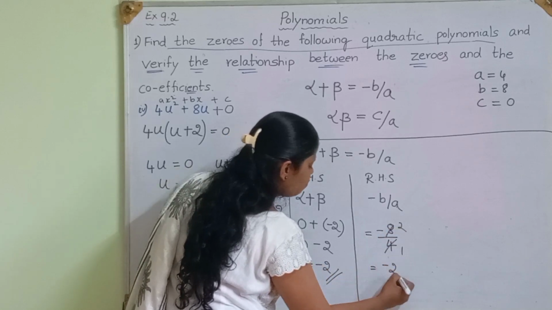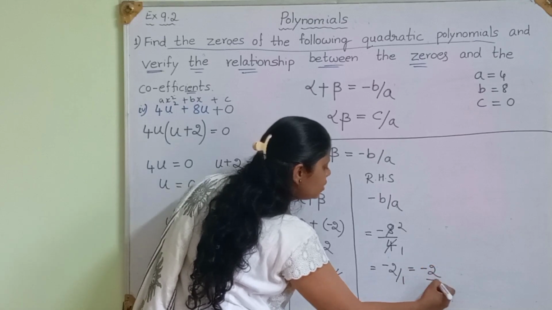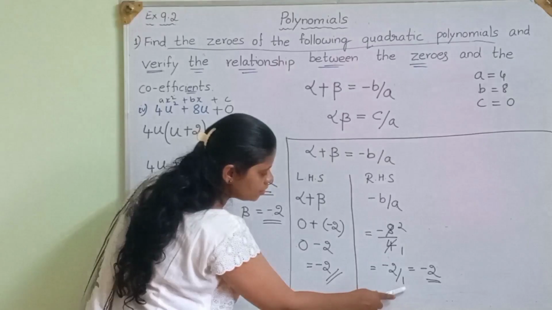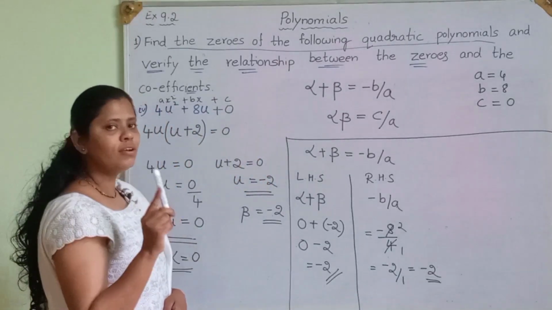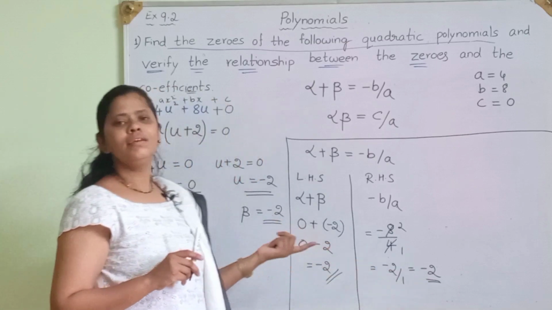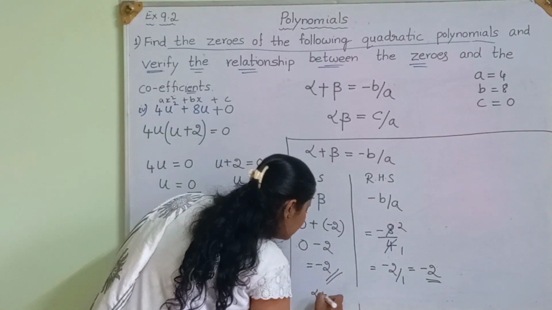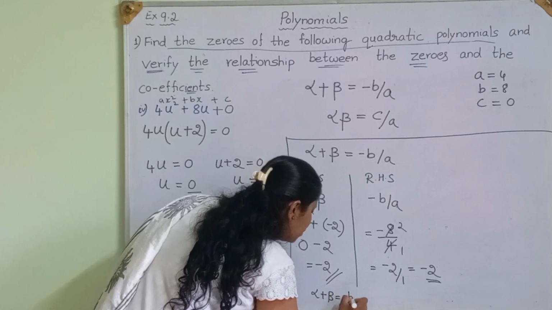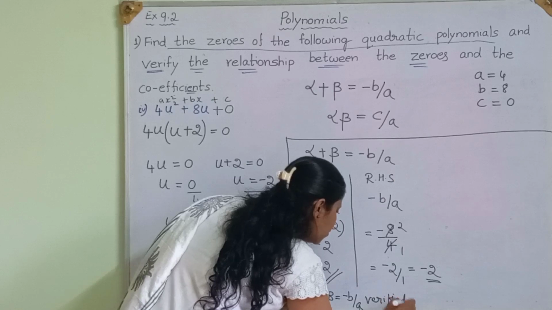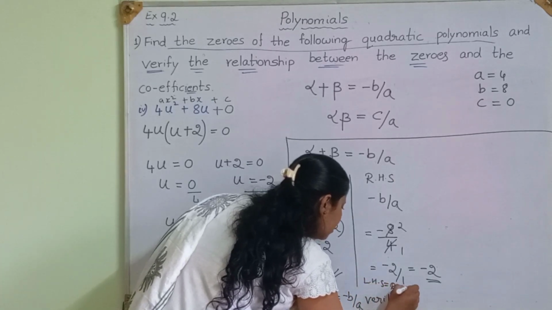That is -2/1. We can write it as -2. The value does not change if 1 is in the denominator. See, LHS and RHS both are the same. Therefore, alpha + beta = -b/a, verified, because LHS is equal to RHS. Right?